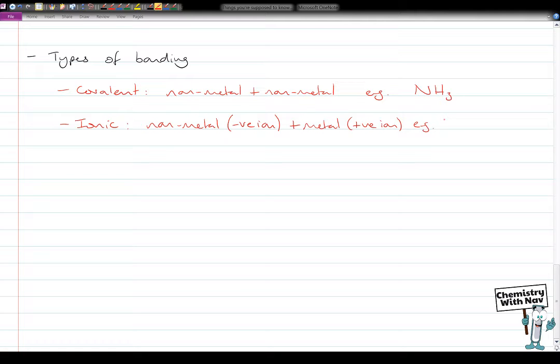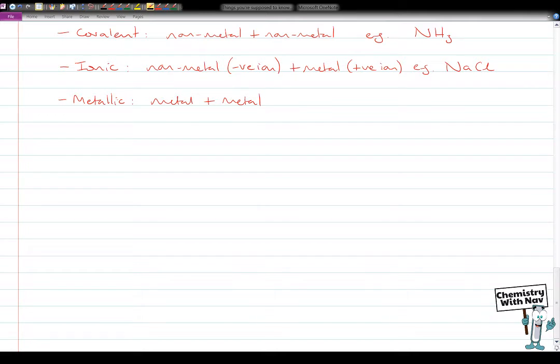And the example we've been looking at already is NaCl, because that is made up of Na+ and Cl-, where the sodium atom has given one electron from the outer shell to a chlorine atom, which makes Na+ ion and Cl- ion. But that's because it's a non-metal and a metal. And if you're looking at metallic bonding, then that's between two metals. And that could be in a pure metal, or it could be in an alloy.